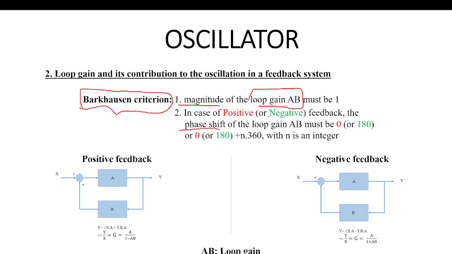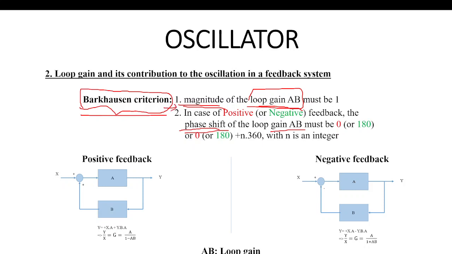It explains very thoroughly the definition of the magnitude and the phase shift of a system. Let's assume that you all know about the magnitude and phase shift of a loop gain of a system AB. Now let's talk about the Barkhausen criterion again.